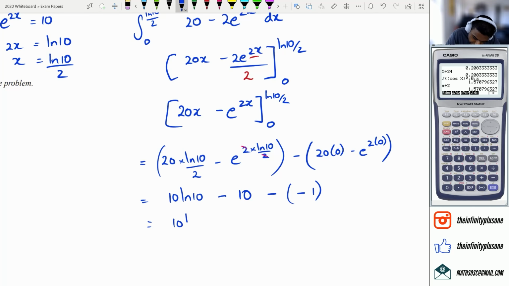So we've got 10 ln of 10 minus 10 plus 1, which gives a final answer of 10 ln of 10 minus 9.